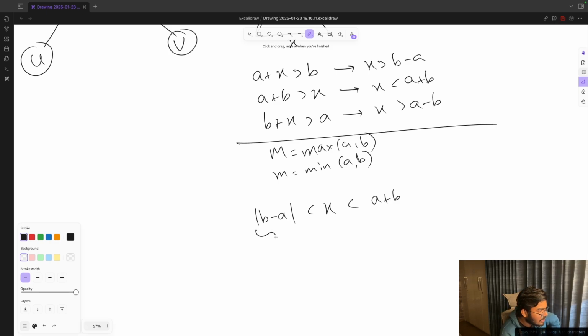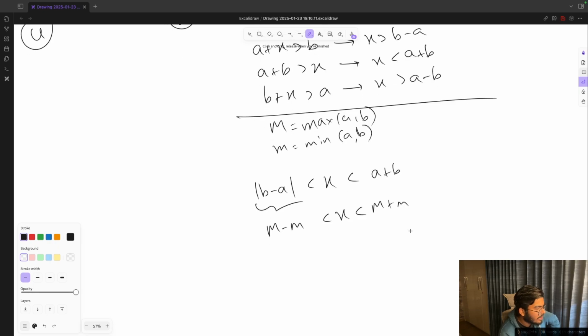Here B minus A is actually capital M minus small m, less than X less than A plus B, which is capital M plus small m. And if we go for the inclusive range, that will be M minus m plus 1 less than or equal to X less than or equal to M plus m minus 1.